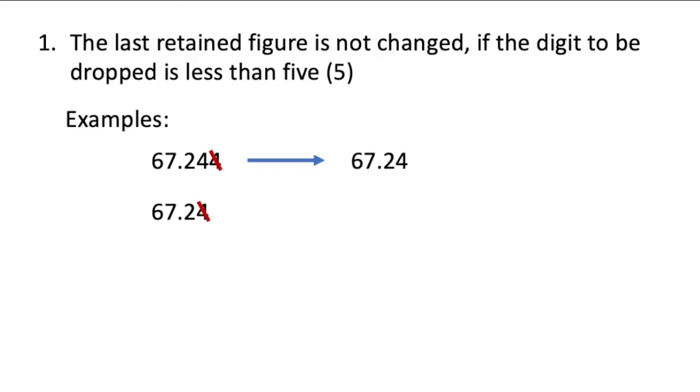So again, the value of 4 is less than 5, so it will take the rule that the last retained figure, which is 2, will not be changed. So the answer is 67.2.